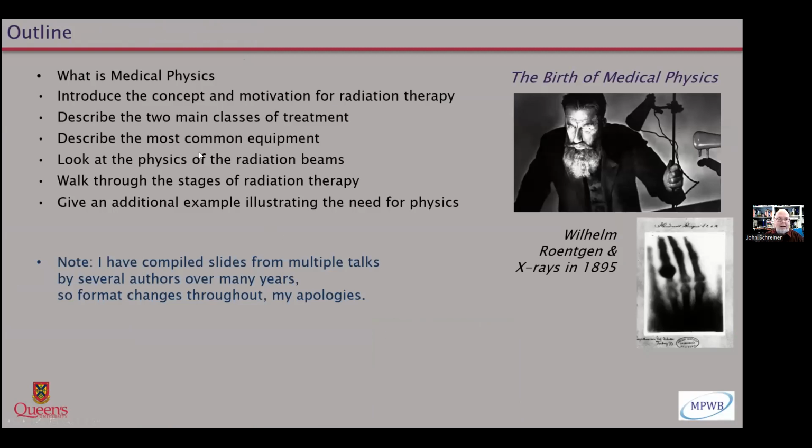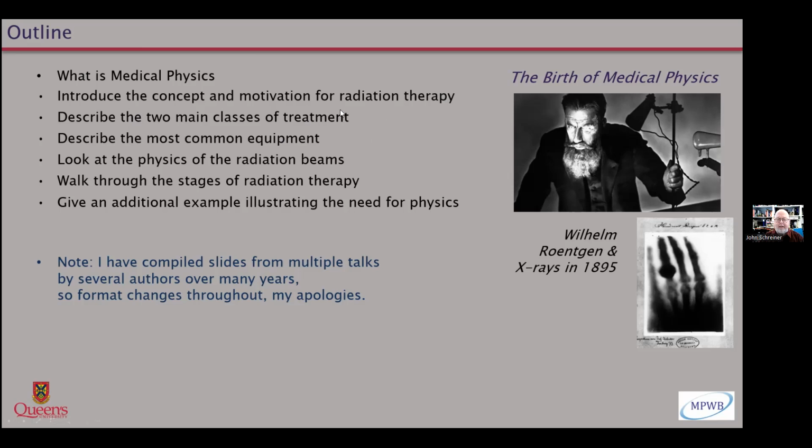So today I'm going to tell you a little bit about medical physics again. You had a brief introduction to that by Dr. Pittman, by Yakov, a couple of weeks ago. I'll talk a little bit about what radiotherapy is and what the motivation is.